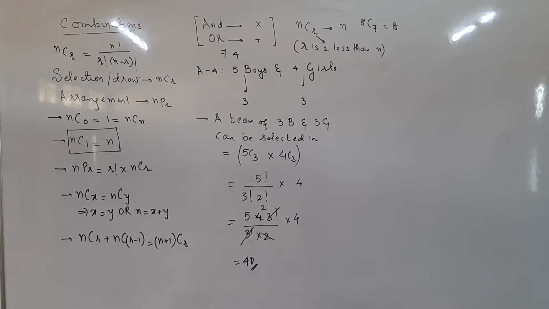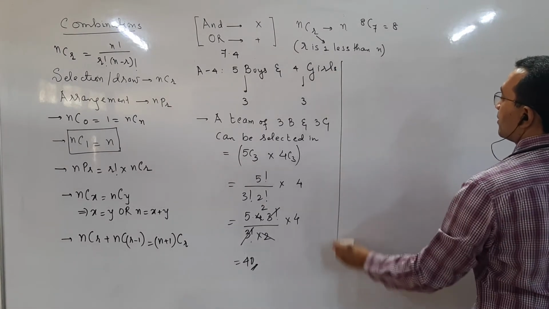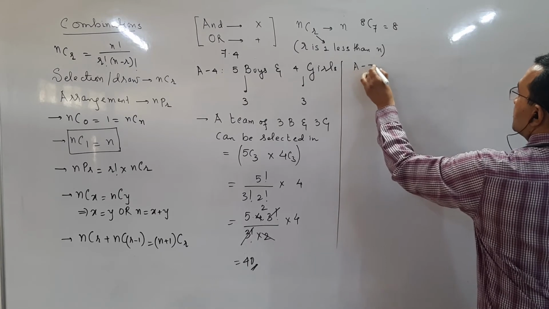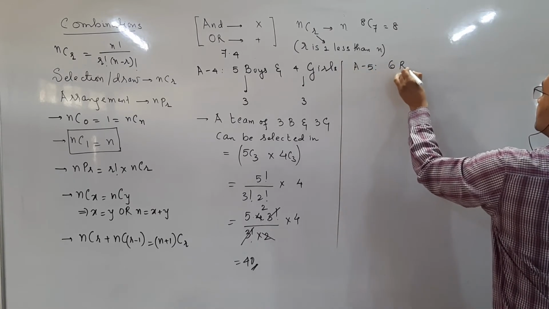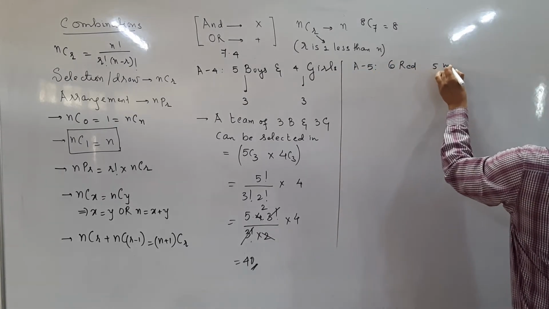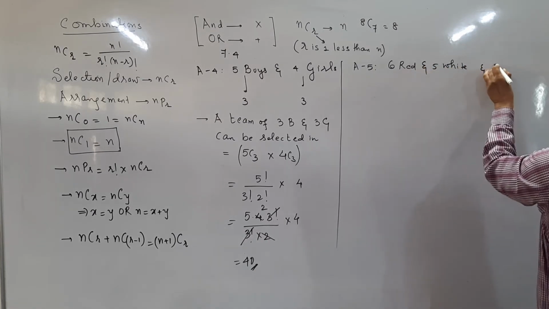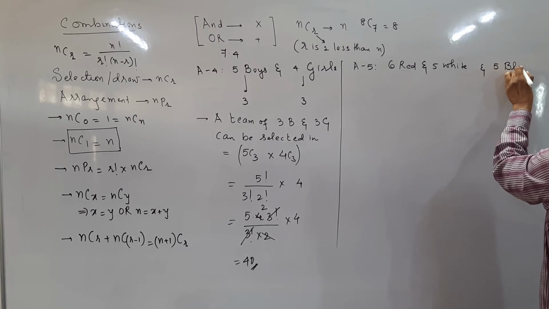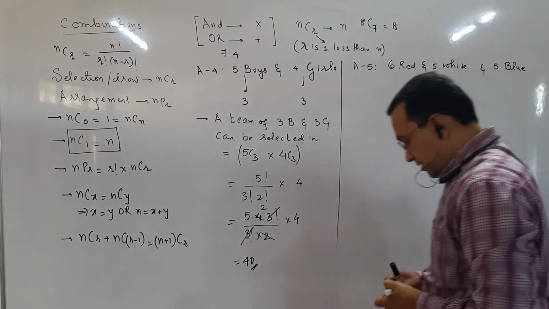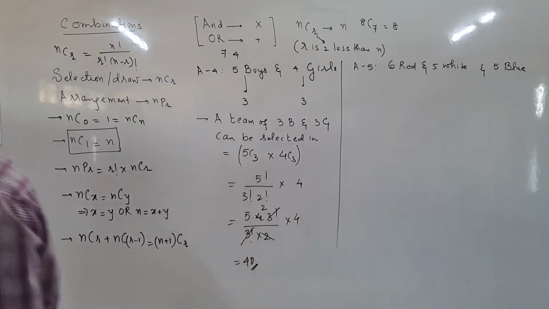Okay, now question 5. Find the number of ways of selecting 9 balls from 6 red, 5 white and 5 blue balls, students. This is given to us.